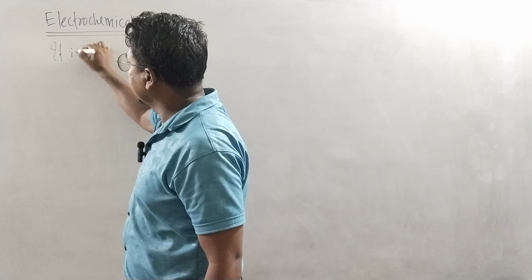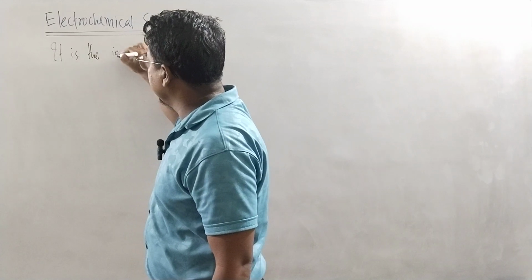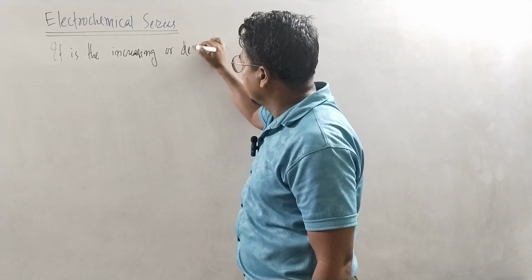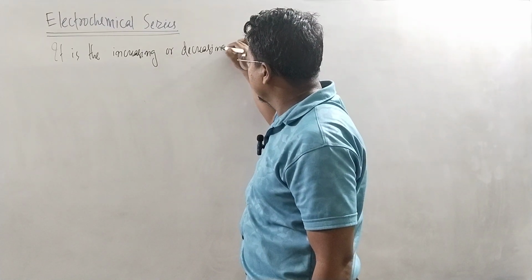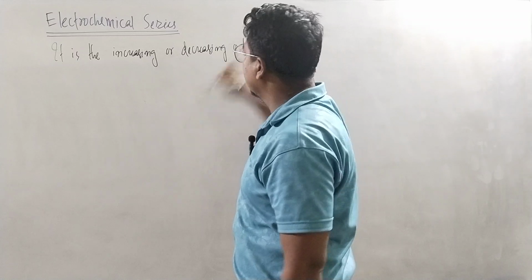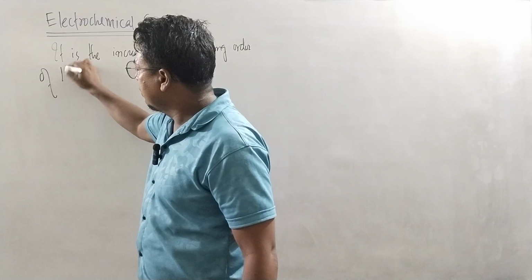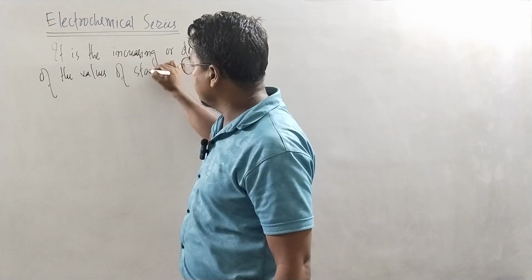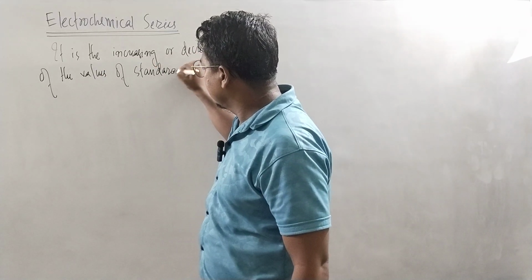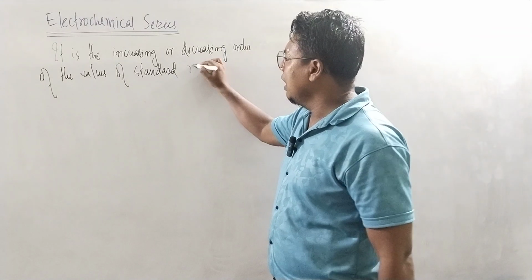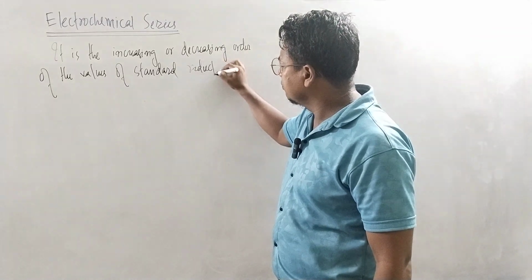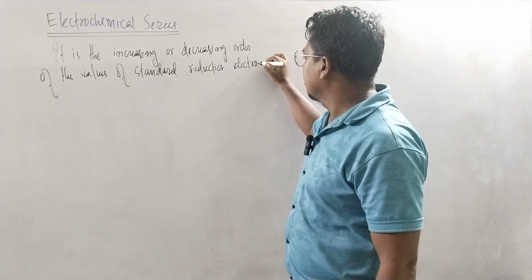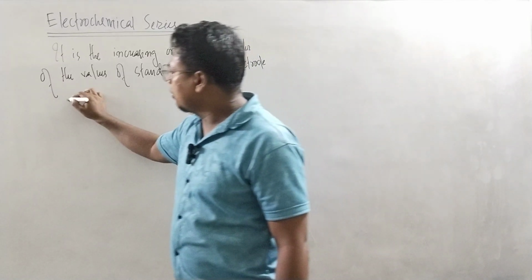It is the increasing or decreasing order of the values of standard reduction electrode potential.